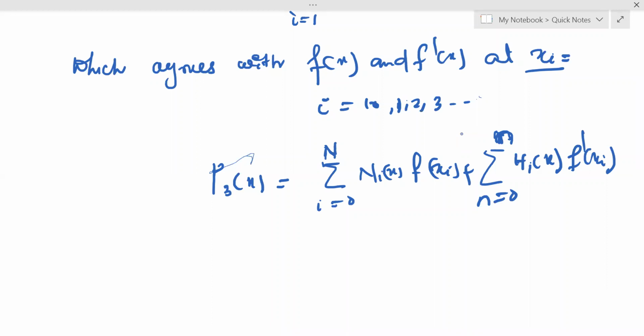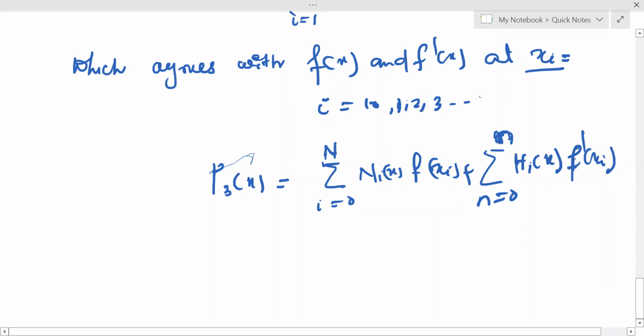Plus summation of n equal to 0 to small n, and Hi(x) f dash xi.